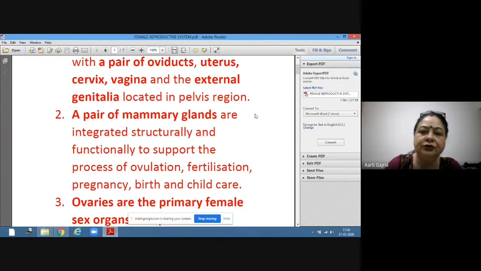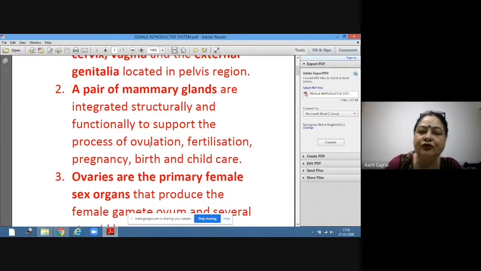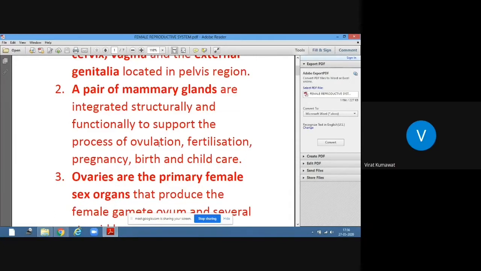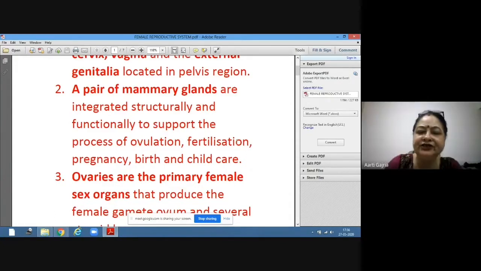support the process of ovulation. Ovulation is what? Release of ova from one ovary. Fertilization, that is union of ovum with sperm.